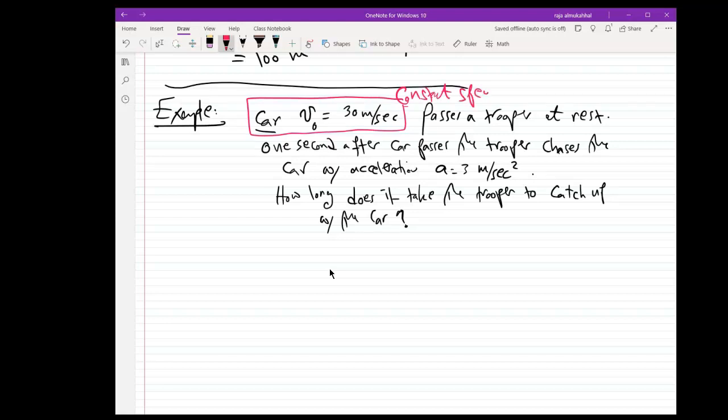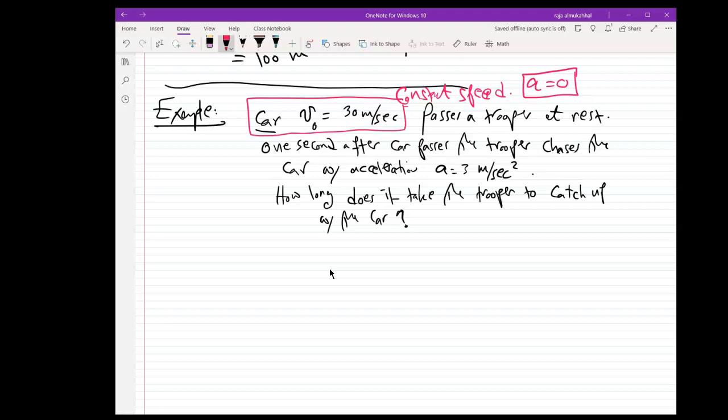Why do I emphasize that? Well, constant speed means the acceleration is 0. You see what I'm saying? The acceleration of the car, not the trooper, is 0. So the equations of kinematics, really all of them except that acceleration, don't apply exactly. So what do we have here?